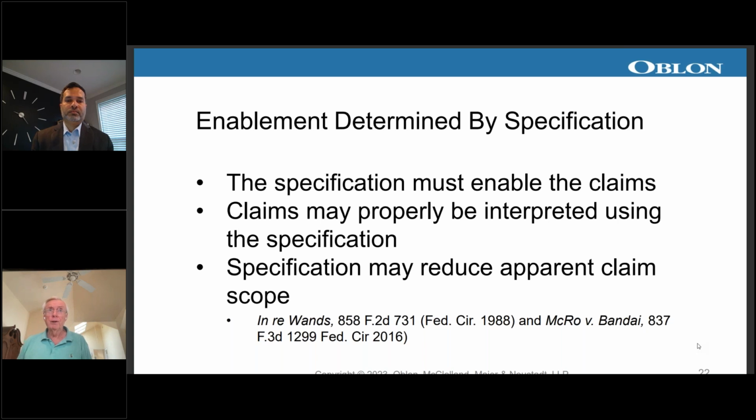Now, recently, on remand from the CFC, in American Axle, the district court was instructed to look at claim 1 to see if it, in fact, was enabled or was an abstract idea. And what the court did, and what the patentee did, was they looked heavily at the specification and relied upon it.